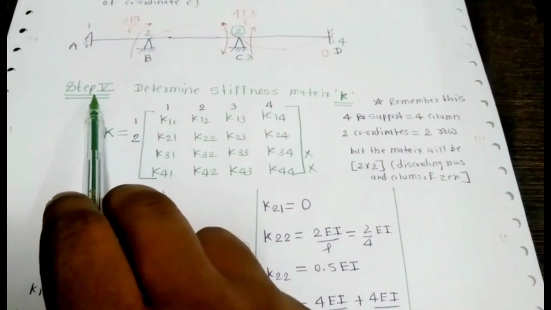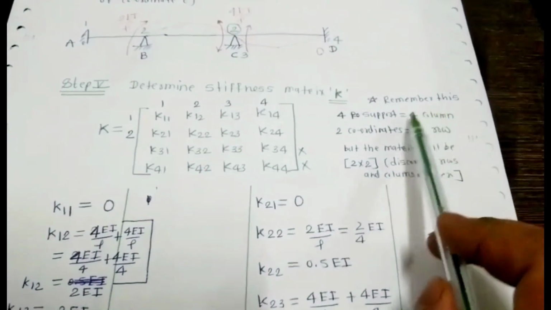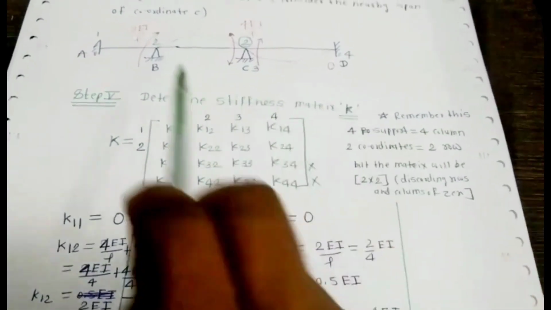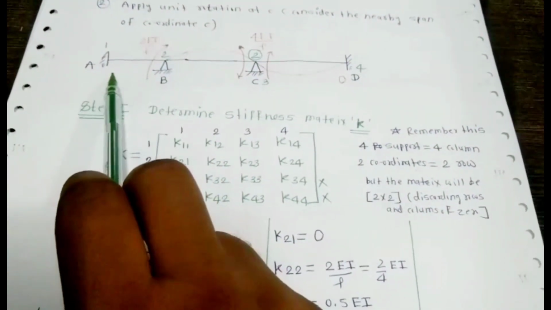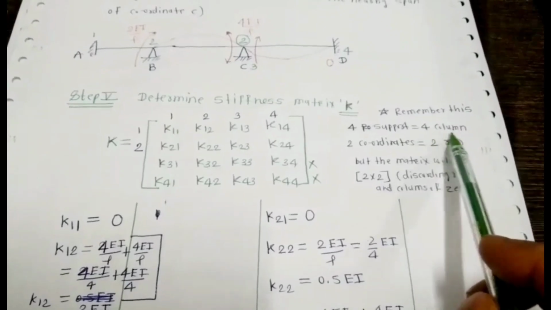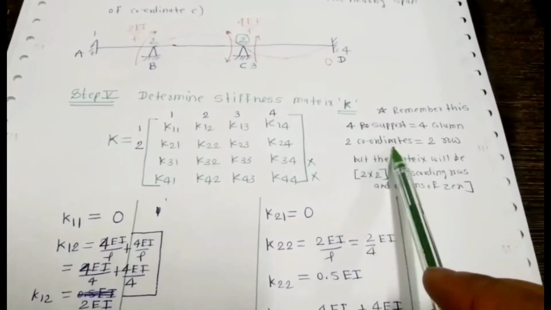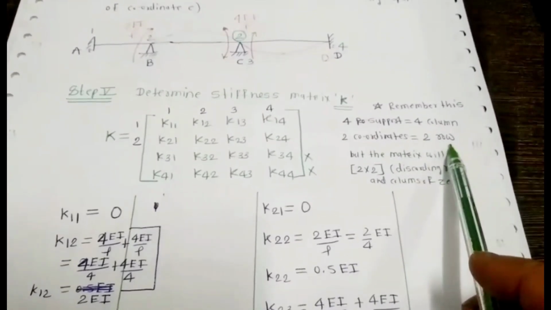Now step number 5 is to determine the stiffness matrix K. You must remember this: there are 4 supports here, hence the matrix will consist of 4 columns, and 2 coordinates, that is 2 unknown displacements, are there. In that case we have to consider 2 rows.